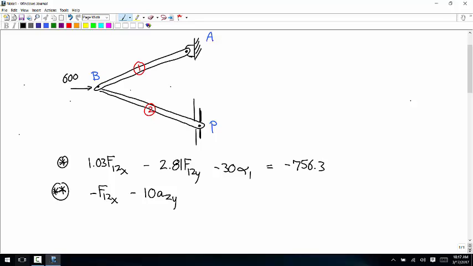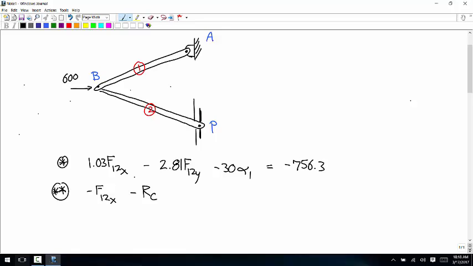So let's go with 0.51 F12x. Negative F12x minus RC. The order does not matter. It's just a system of equations, so you can put them in any order.